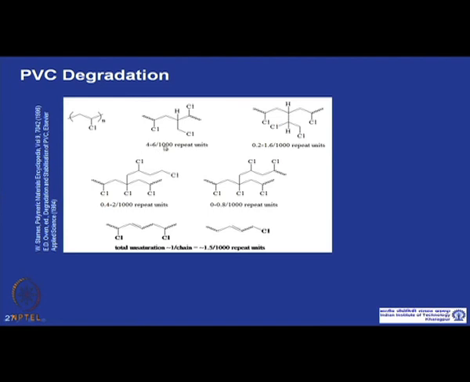The number is very small, given as 4 to 6 out of 1000 repeat units, and 0.2 to 1.6 out of 1000 repeat units. So, basically these irregularities are very few in the polymer chain, but the degradation is mainly caused by these irregularities itself, not the main polymer chain.